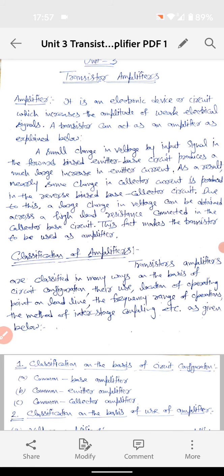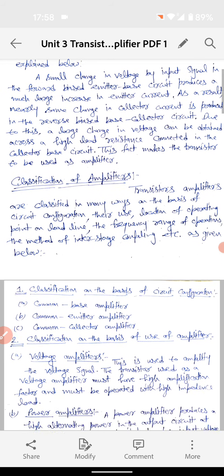The other way, the output circuit, which is the collector base circuit, is always reverse bias, and in case of reverse bias the resistance will always be high, due to which the same current is passing from low to high resistance. So when we measure the voltage across that load resistance, which is I into R, that will be much larger than the input voltage which we give at the input. So this is how the transistor works as an amplifier.